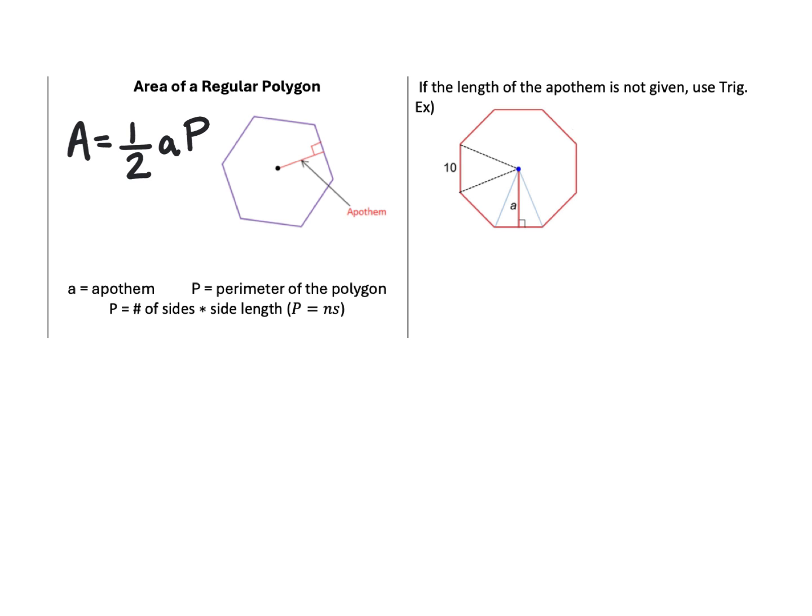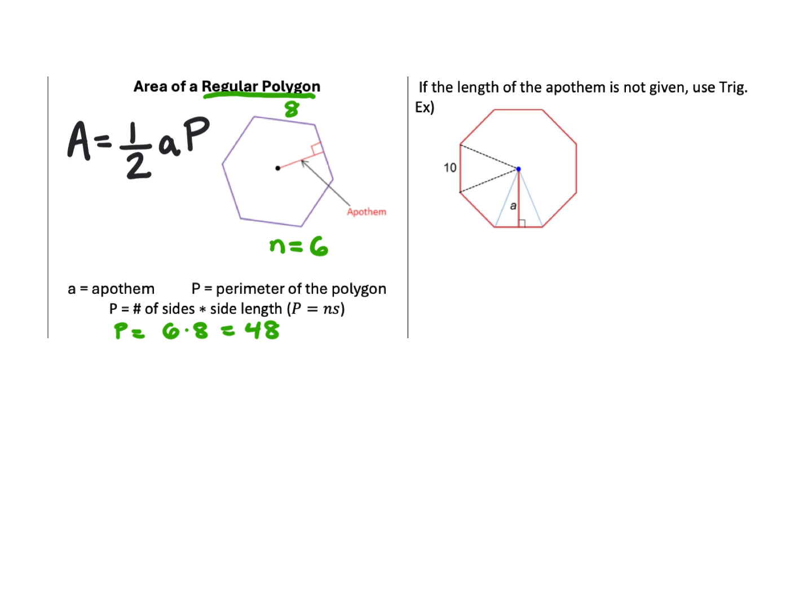If the perimeter isn't given, you can calculate it by taking the number of sides times the side length, because in a regular polygon, all the sides are equal. So for example, this polygon has 6 sides. It's a hexagon. If each side is 8, I could figure out the perimeter by taking the number of sides, 6, multiplying by 8, and we'd have a perimeter of 48.